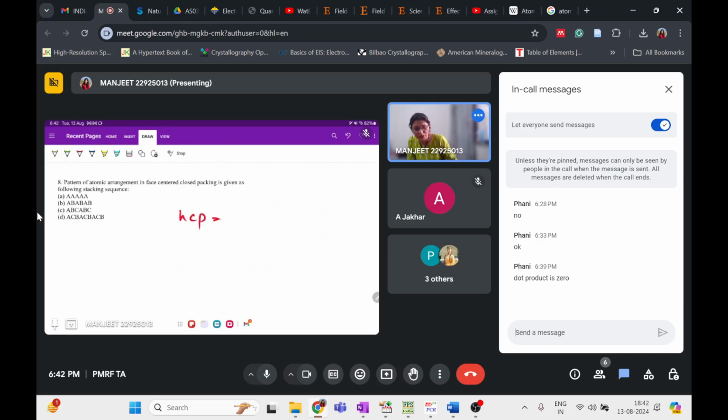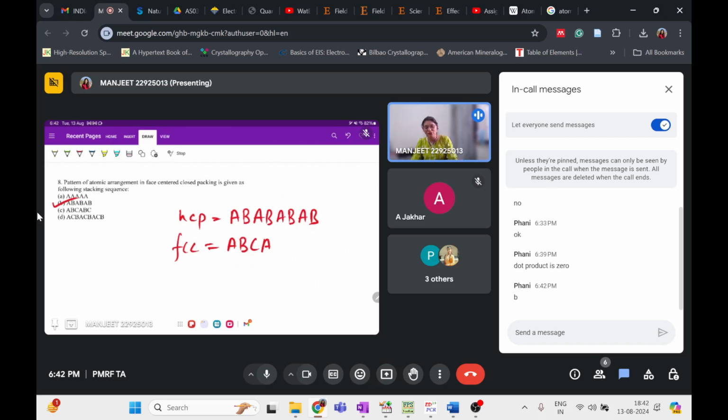HCP will be A, B, A, B, A, B. This is the HCP, but if I'm considering the FCC, it will be A, B, C and then A. Here B is not the right answer.